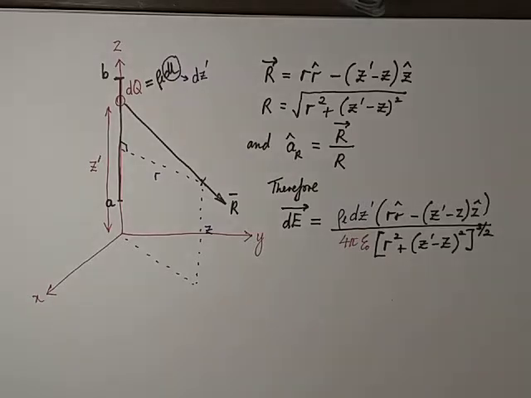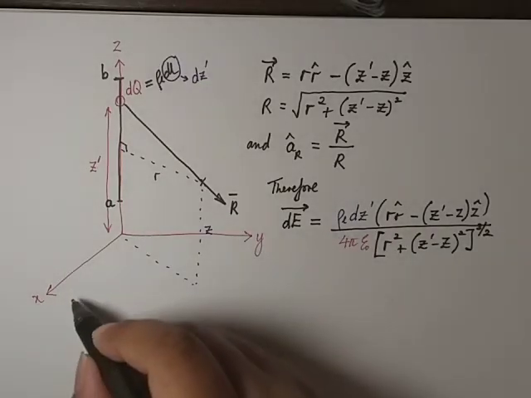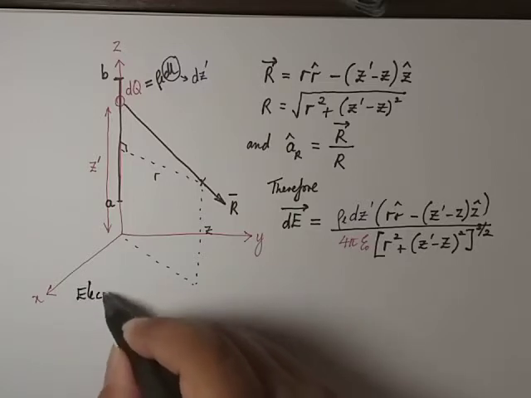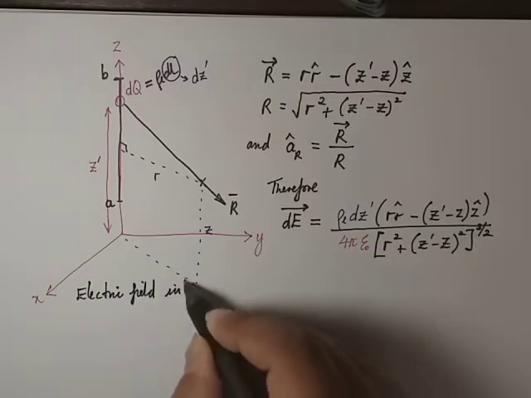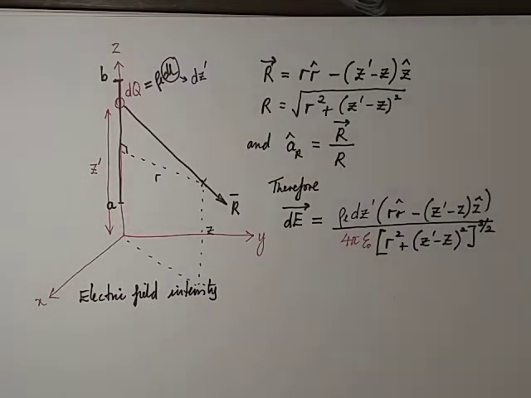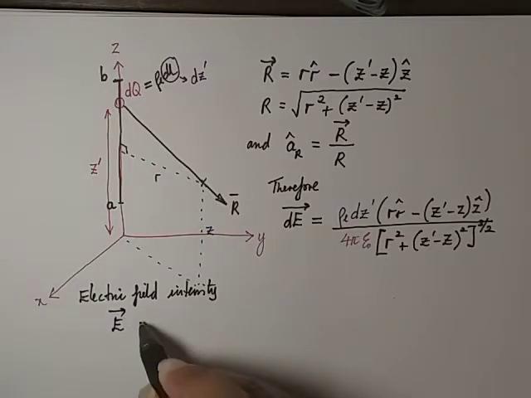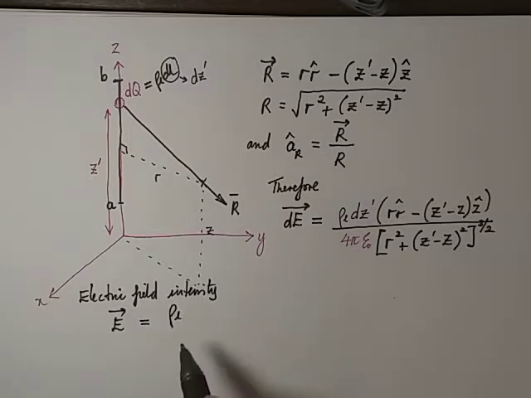So what I have to do next, I have to find the total E, the electric field intensity. So now the E should be equal to, I'm going to take out all the constants now, rho L over 4 pi epsilon naught.